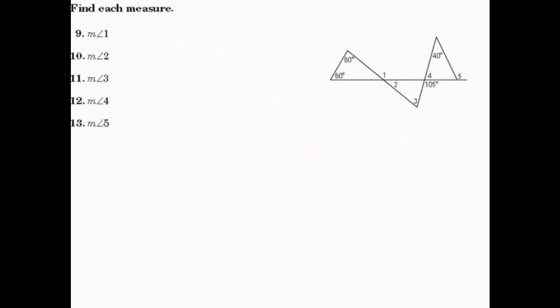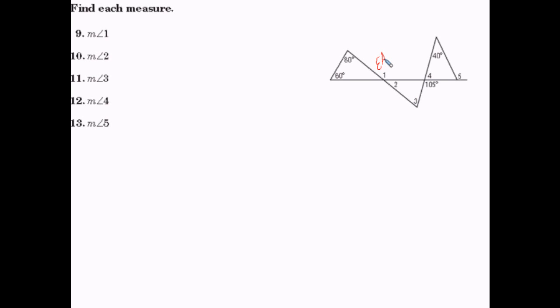Okay, so we want to find angle 1. I know that angle 1 and 2 add up to 180, but that doesn't do me any good because I don't know angle 2. But angle 1 is an exterior angle, so I'm going to label that as an EA for exterior angle. So it's going to equal these two added together.